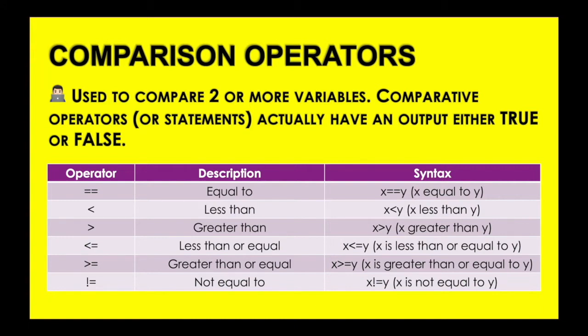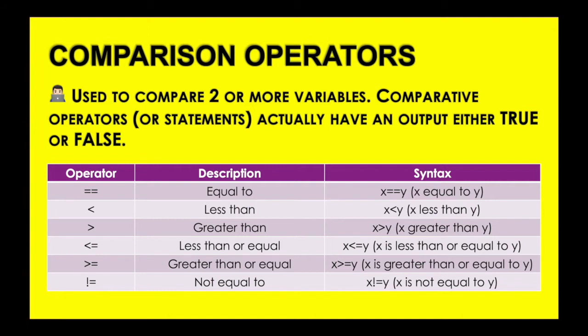So first of all, as you can see in our table, we have the double equal sign, and the description is equal to. The syntax is x == y, which means x is equal to y. Don't be confused between the single equal sign and the double equal sign, because the single equal sign is an assignment operator that we already used in our previous video.